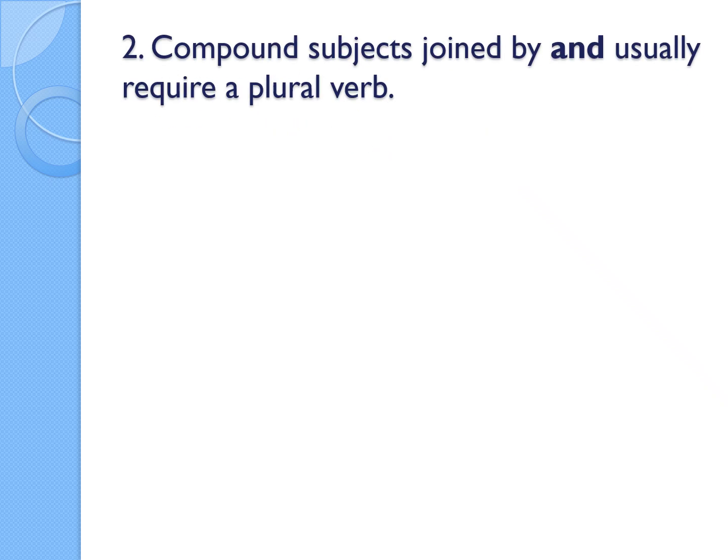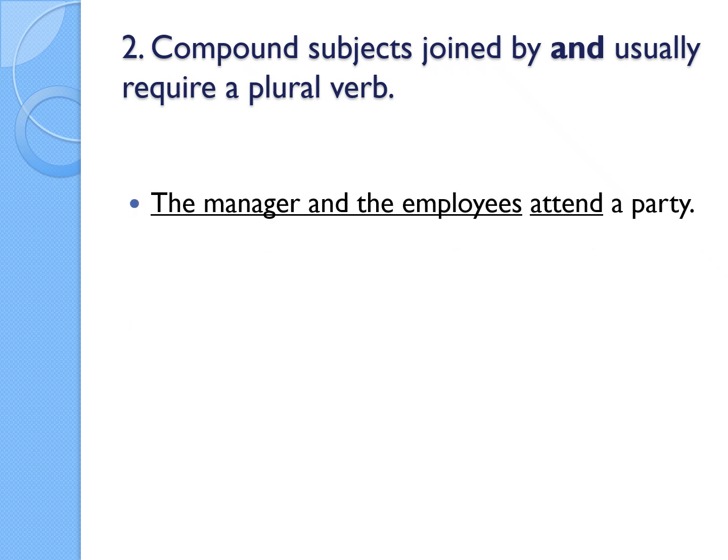Another rule: compound subjects joined by and usually require a plural verb. Example: the manager and the employees attend a party. So what is our subject in the sentence? The subject is the manager and the employees. We have compound subjects, the first, the manager, another, the employees.